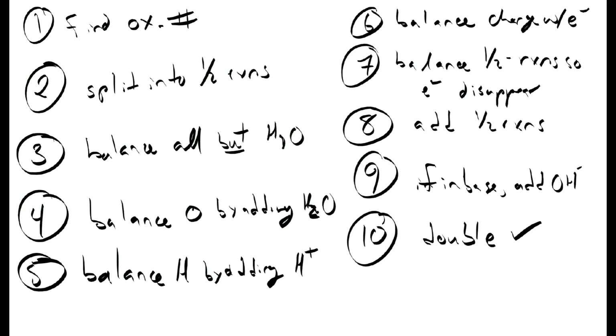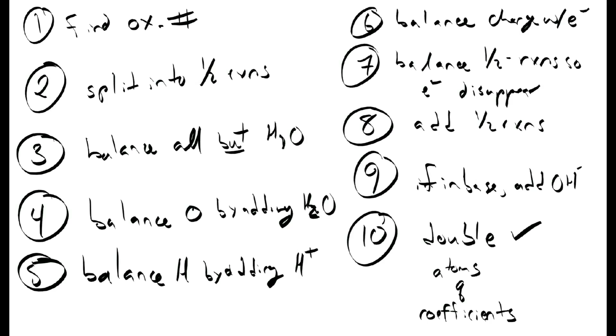We double check that the elements all balance, that charge is all balanced. Now let's go ahead and throw in the third, that coefficients are reduced. Remember, for balancing a regular reaction, you want the lowest possible coefficients. You want the lowest possible coefficients here as well.